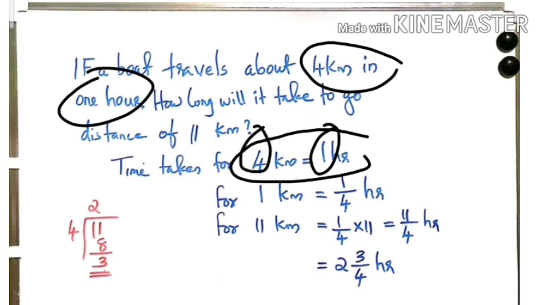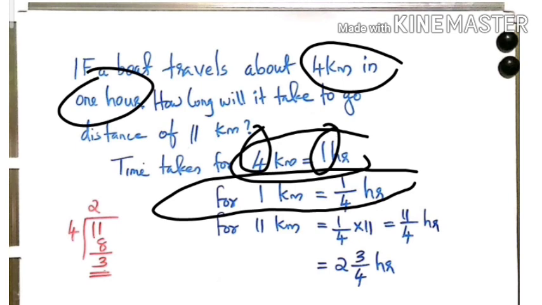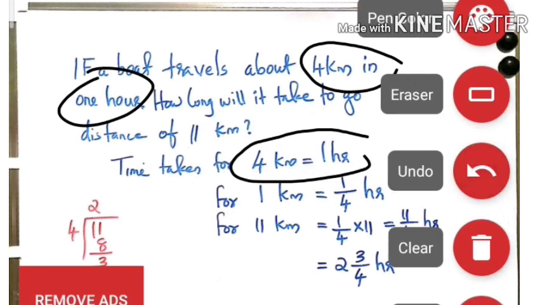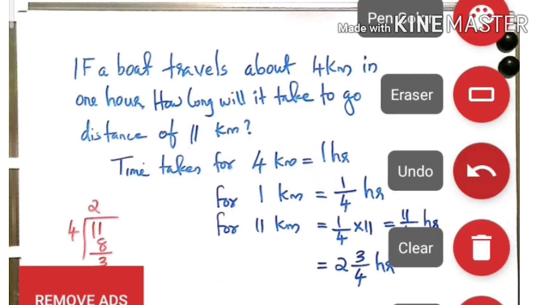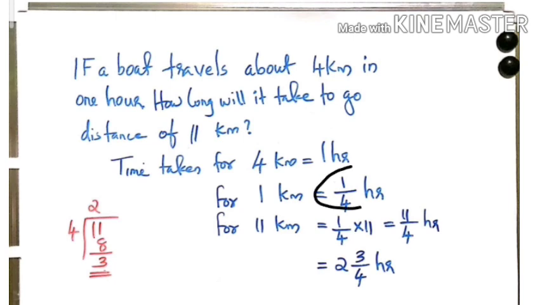You can see it in the next step. For 1 kilometer it is 1 by 4. Here we divided 1 by this 4. So the time taken for 1 kilometer is 1 by 4.